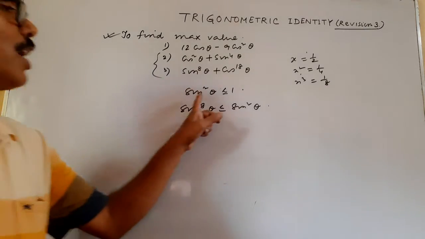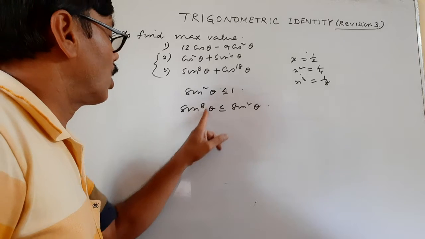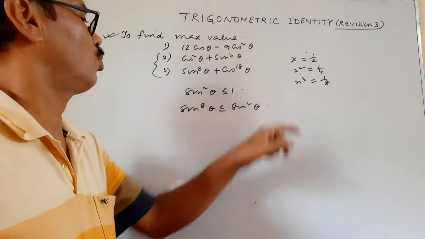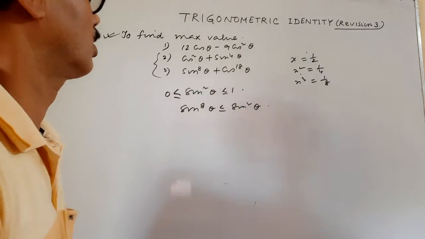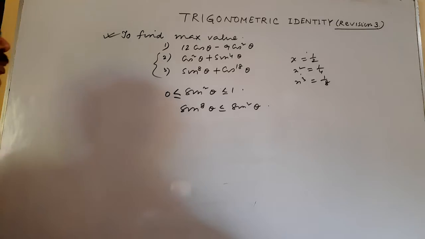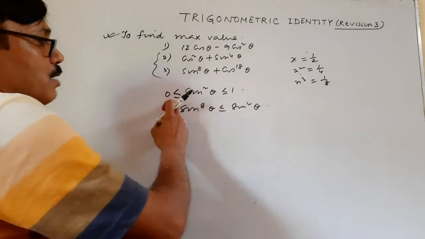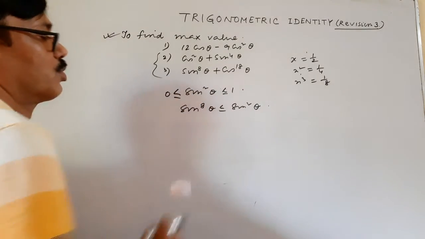Because sine square theta is less than 1, and the power here is 8, so it is less than 1. Less than 1 means 0 is less than or equal to sine square theta less than or equal to 1. Because it lies between 0 and 1, sine to the power 8 theta is less than or equal to sine square theta.